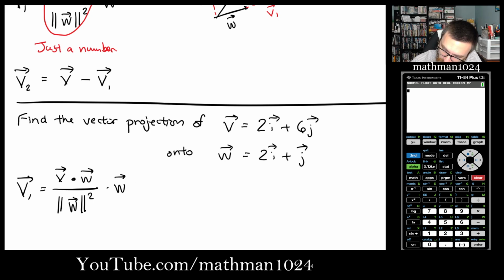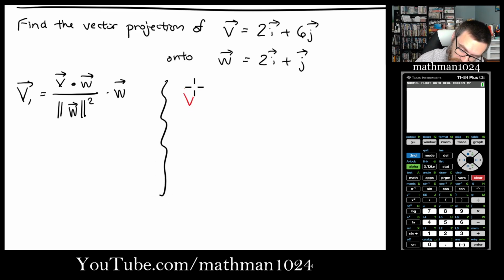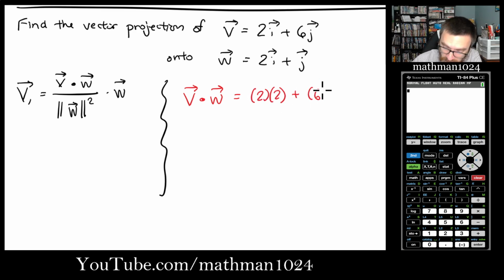All right, so again, I want to make things nice and clean. So off to the side, I'm going to work these out. Let's find v dot w. That's going to be 2 times 2 plus 6 times 1. So 4 plus 6 is equal to 10.